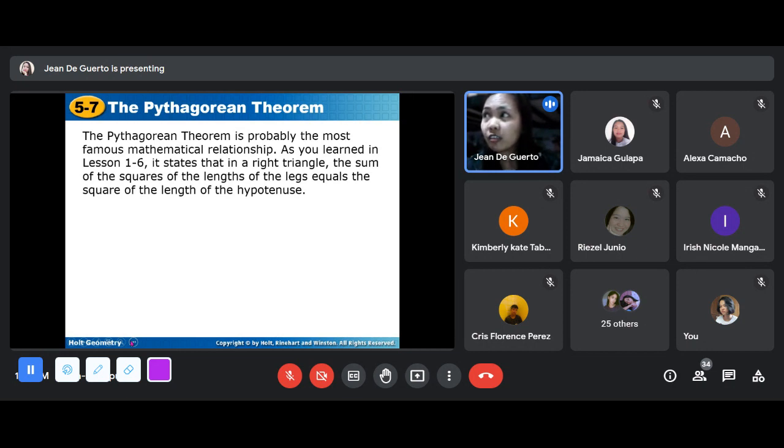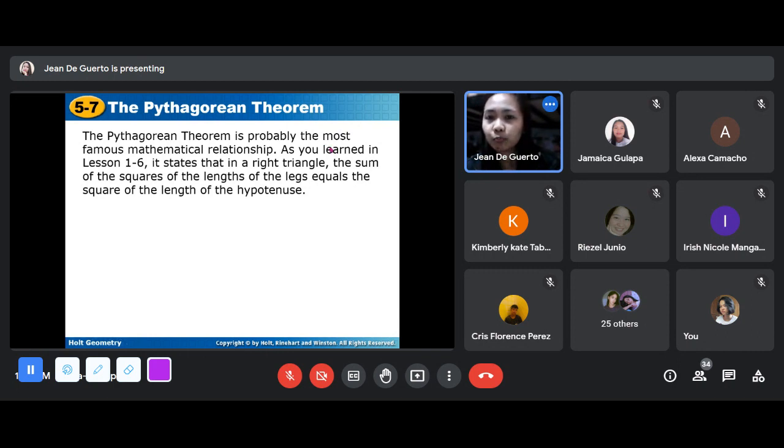As you all know, there are different kinds of triangles according to angles. So meron tayong 3 kinds ng triangles according to angles. We have, ano yung 3 yun?